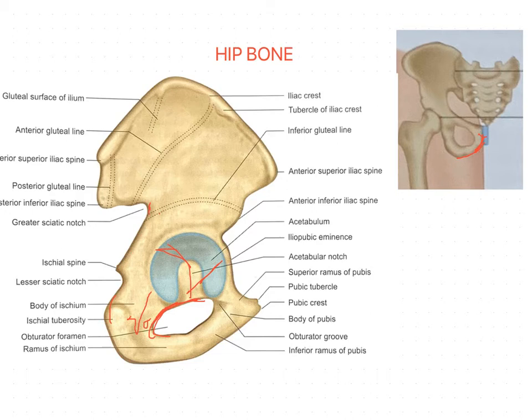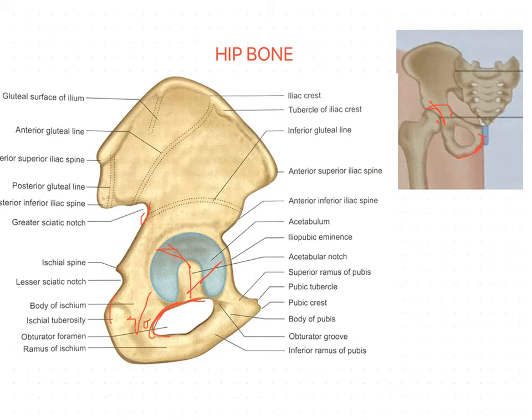From above downwards it presents a convex surface adjoining the acetabulum, a wide shallow groove, and the upper part of the ischial tuberosity. So even if the femur is not present, we can make such a discrimination here.